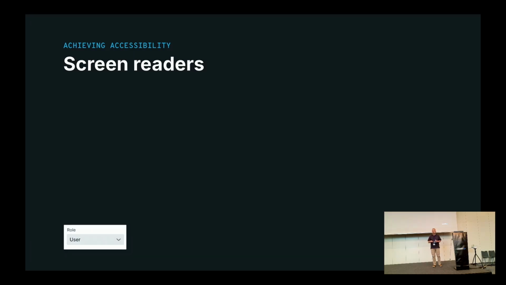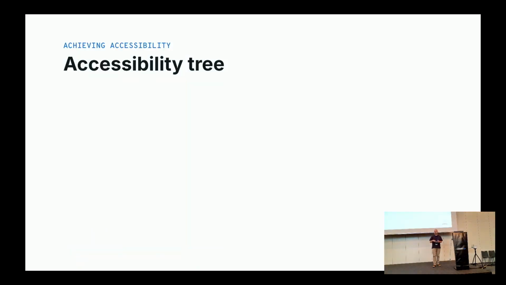So what can we do to get some understanding of how a screen reader sees and presents our app UI to the user? Well, luckily, there's something called the accessibility tree. So you probably all know that there is an HTML tree behind that basically renders your Vaadin app UI. It's a simple tree structure, nested, but still a one-dimensional thing essentially.